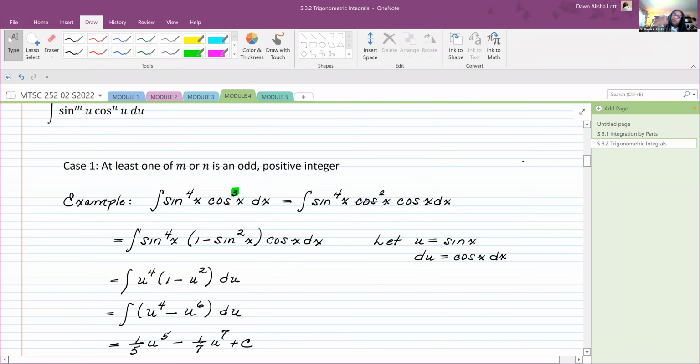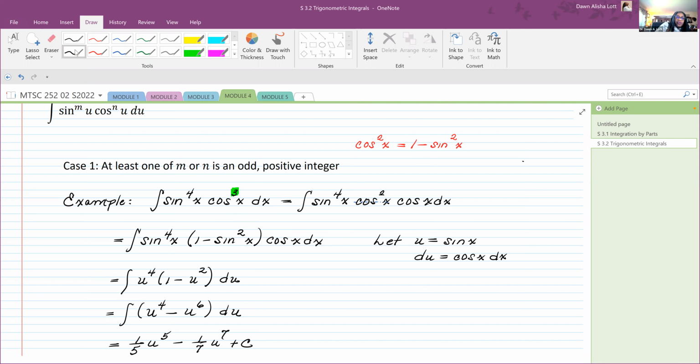Once I take that, I need to get rid of all the other cosines in the problem. So I switched the cosine squared over to 1 minus sine squared. Here I use cosine squared of x is 1 minus sine squared of x.